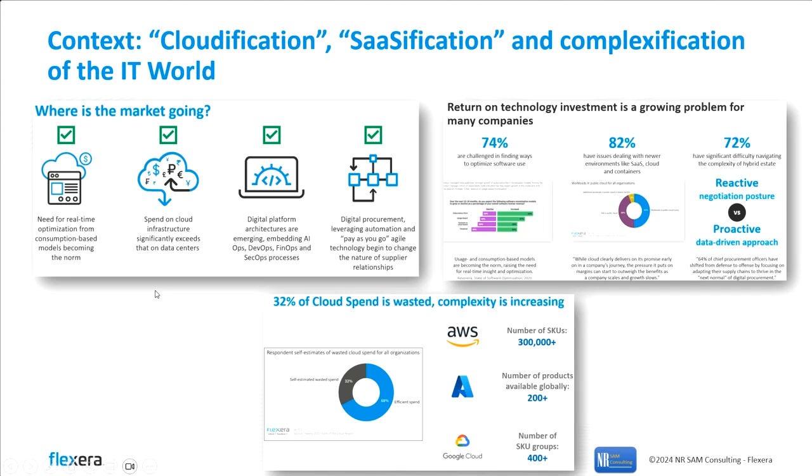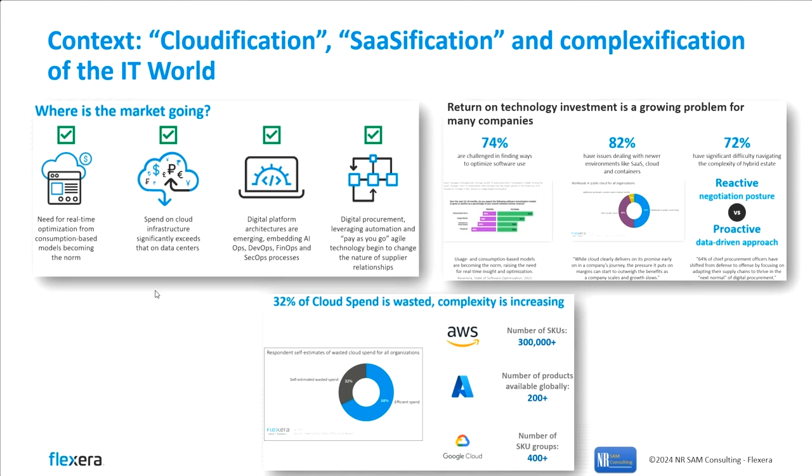Flexera, in this global context, is also doing the same, which means that when I joined Flexera in 2013, I would say 100% of customers were on premises. My first SaaS project was in 2016. And now I would say 100% of new customers are cloud or SaaS customers.